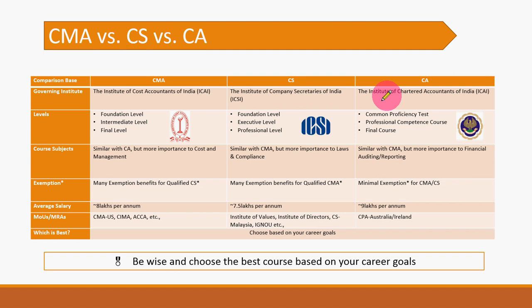The Chartered Accountancy Institute too has many MOUs with the Institute of Valuers, Institute of Directors, CS Malaysia, IGNOU, etc. And the Chartered Accountancy course, as already mentioned, has many internationally recognized MOUs and MRAs, one being CPA Australia, CPA Ireland, etc.